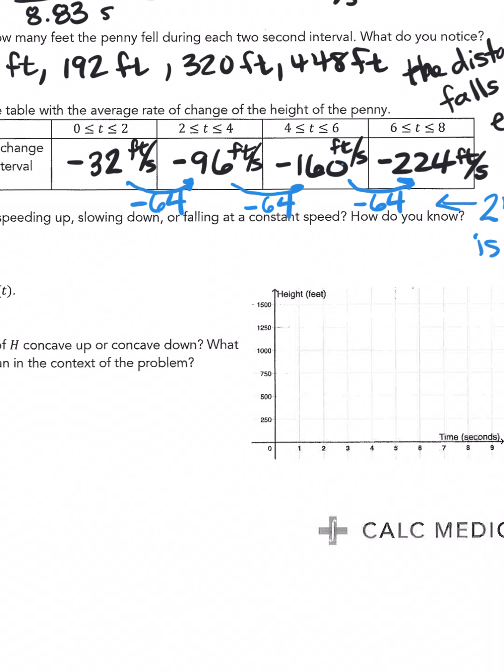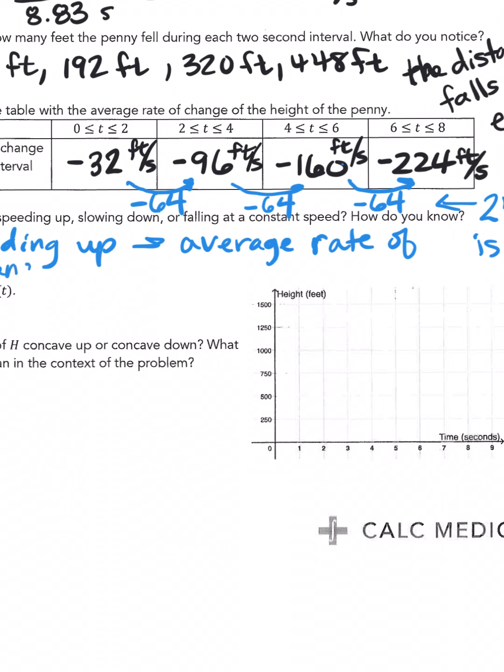So, number 6, was the penny speeding up or slowing down or staying the same? Speeding up. How do you know it's speeding up? Use what you know. The average rate of change increases in a negative direction.